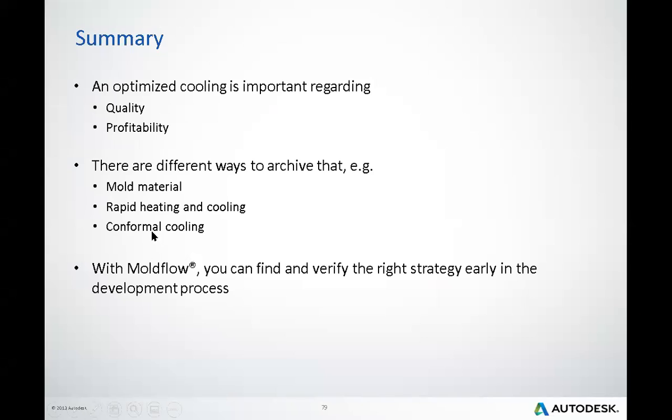Okay, and the summary: optimized cooling is important, including quality and profitability. There are different ways to achieve this, such as more material, rapid heating and cooling, that we can do in the conformal cooling technique, as I showed you before. And with Moldflow, you can verify the right strategy early in the development process.